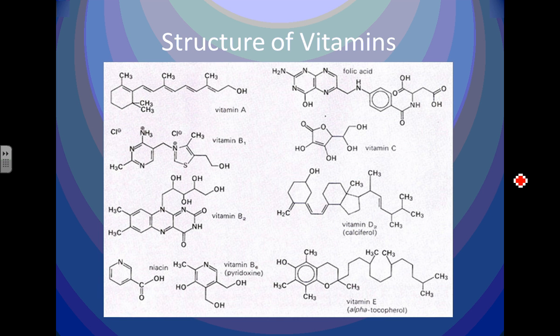Now, this is what they look like. I want you to pay attention to all of these hydroxide groups on vitamin C, but then have a look at vitamin D, and there's only one. Vitamin A only has one.